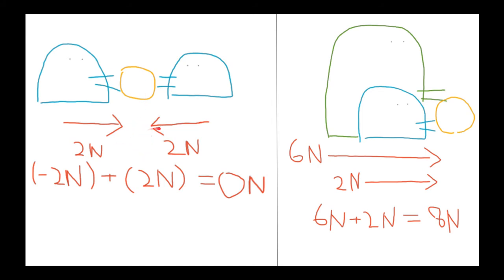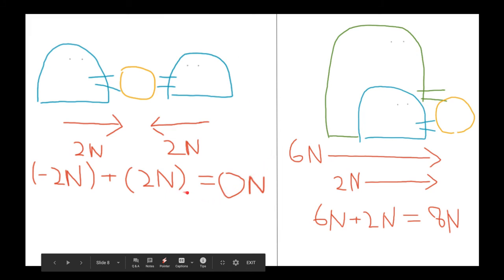So if this is 0, then we can think of this as just positive 2, and we can think of this as negative 2. So then that means that if we write this as a mathematical equation, then we'll get negative 2 newtons plus 2 newtons is equal to 0 newtons. So remember, if something is 0 newtons, then that means that the forces are balanced. So this diagram shows a balanced force.